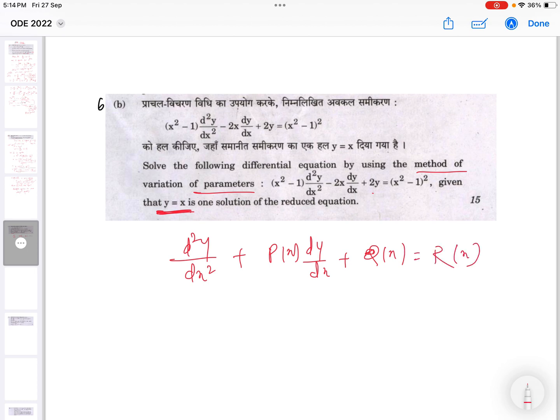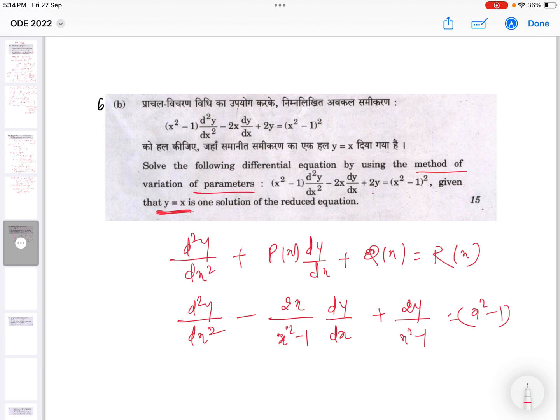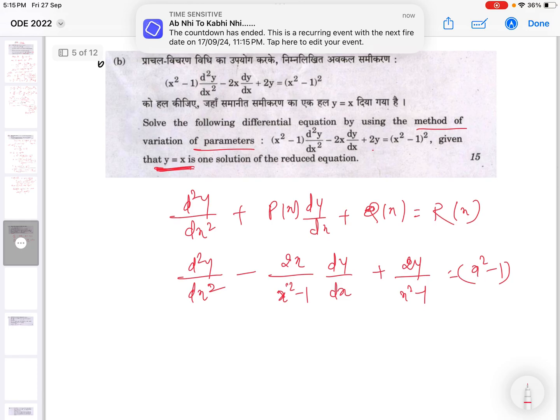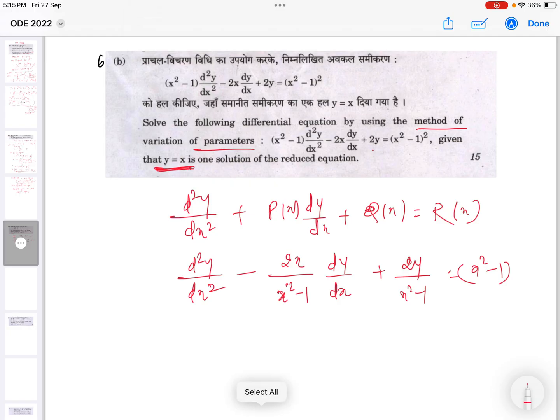So if we divide all terms by x square minus 1, you will find d2y upon dx square minus 2x upon x square minus 1 dy upon dx plus 2y upon x square minus 1 equals the right side. Since one of the solutions has been given, otherwise we would be solving for this also.